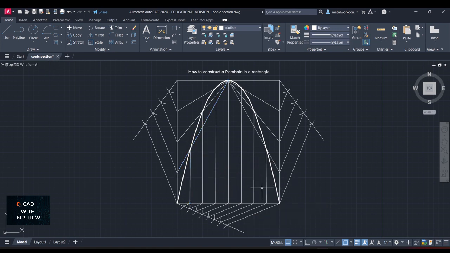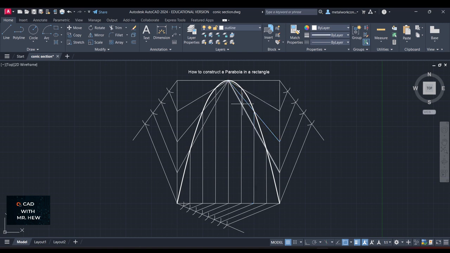So let me show you again. So the first point would be where the baseline intersects this vertical line, right there where that red dot is, yes. The next point would be where this vertical line intersects this diagonal line where this red dot is, yes. Then the next point would be where this vertical line intersects this diagonal line at this red dot, yes.